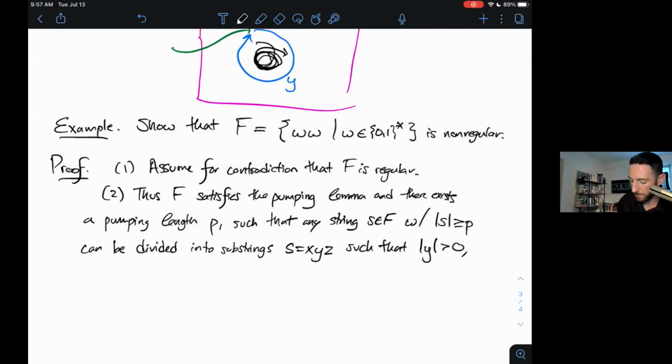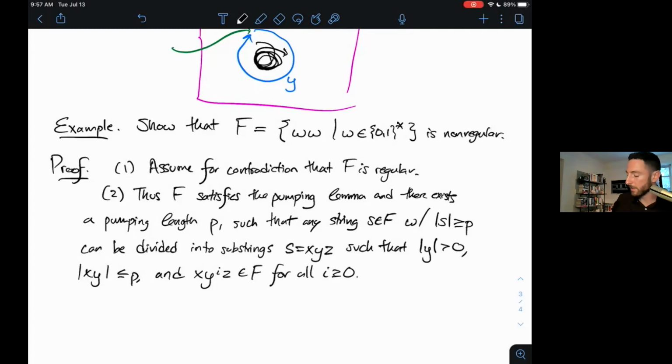The length of Y is greater than 0. The length of XY is at most P. And XY^iZ is in the language F for all i greater than or equal to 0.